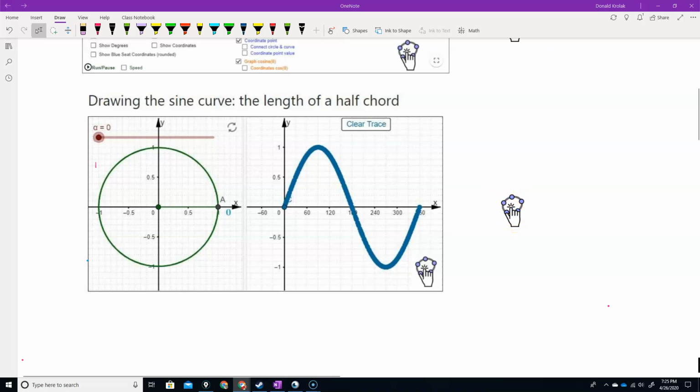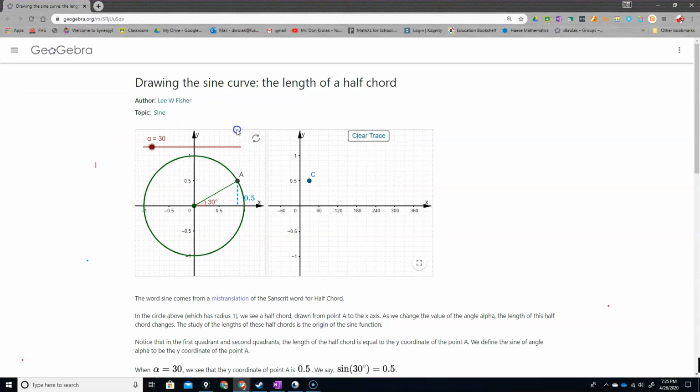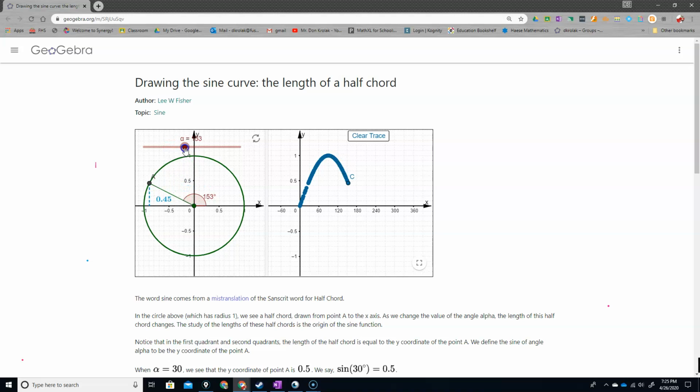All right, now here's the sine graph. As you'll see, as I start tracing this around, what it's graphing is this height right here, 0.82. Now it's 0.93, then it's 1, then it starts to shrink again, and at 180 it's back down to 0, and then now it's going past 0.